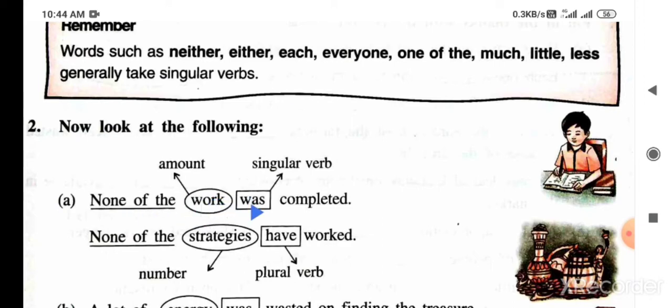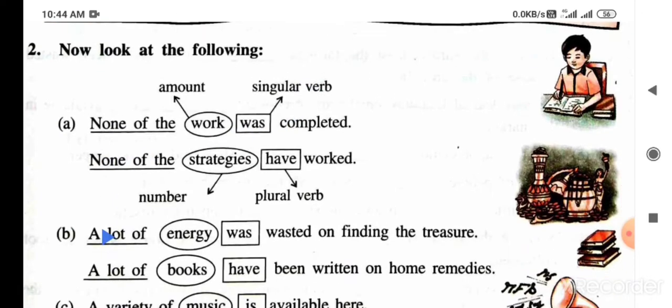None of the work was completed. तो यहाँ पे was singular verb लगेगा. Now none of the strategies. अब none of the strategies नंबर को ये शो कर रहा है, इसलिए यहाँ पे have लगेगा. Have will be used here.